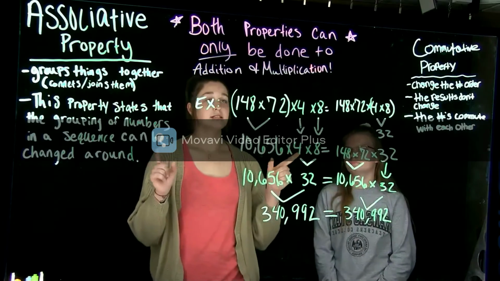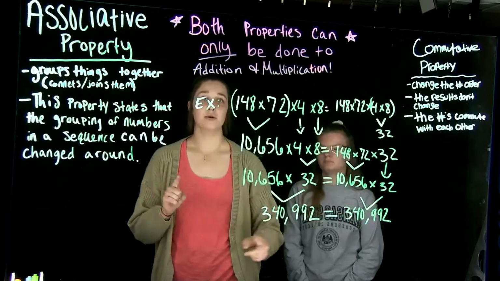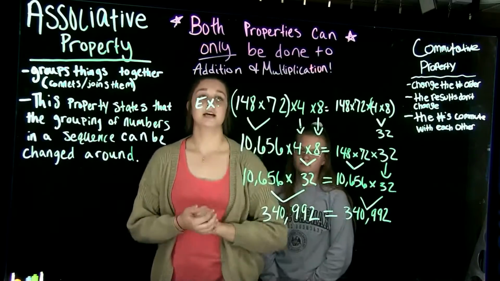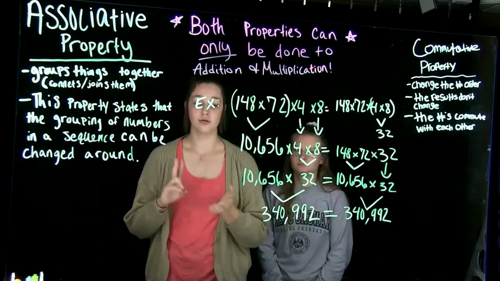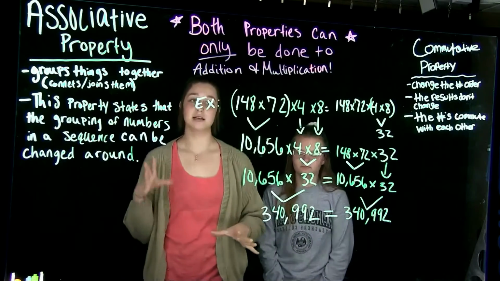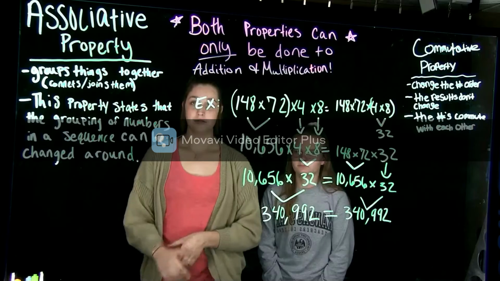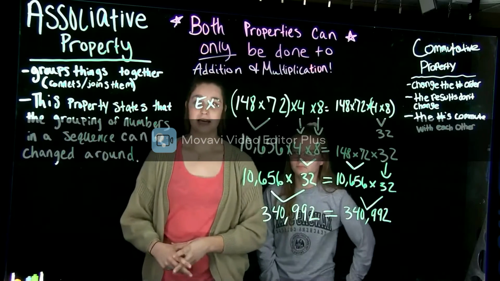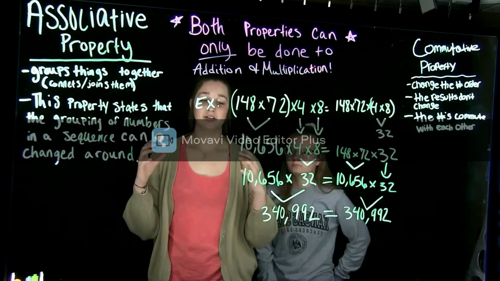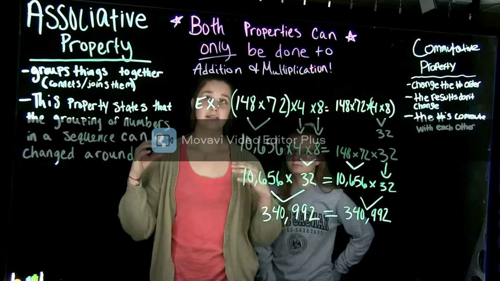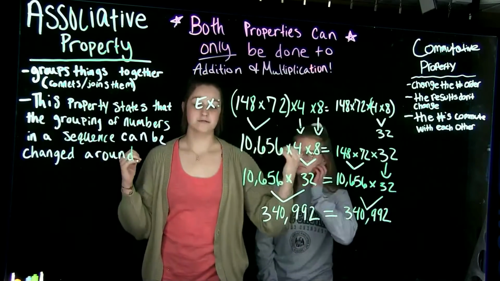Both of these properties can only be done with addition and multiplication. You cannot use subtraction or division. These two properties do not apply to them at all. So if you try and group like a 7 minus 2 together, you're gonna get a different answer than when you have a minus 4 on the other end of that.